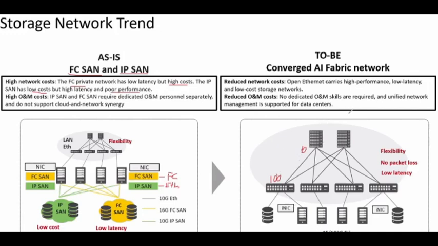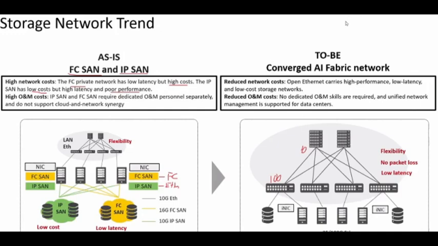So this is 2B. This is the future. This is basically where we are looking towards. And in terms of operation and maintenance, for IP SAN and FC SAN, you need dedicated personnel, somebody that knows IP storage area network or Fiber Channel storage area network to troubleshoot the product. But future fabric environments are looking more at AI-based implementation.